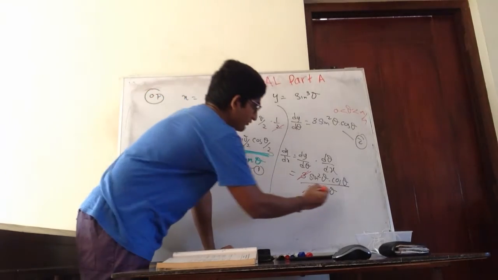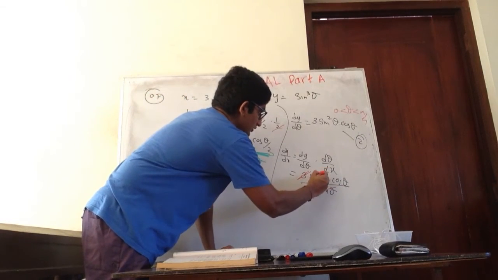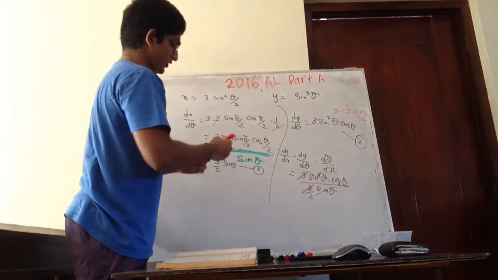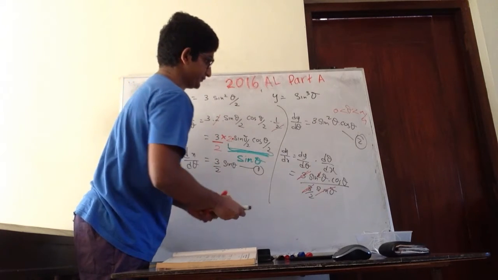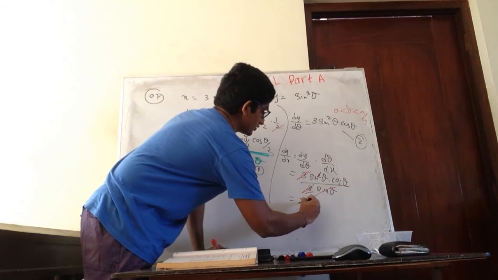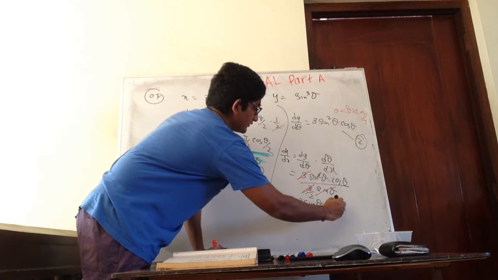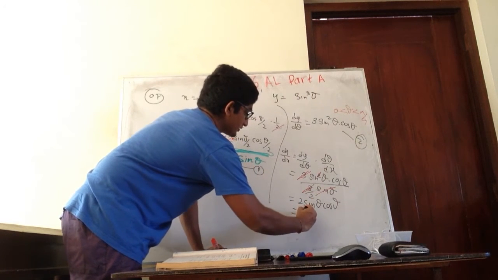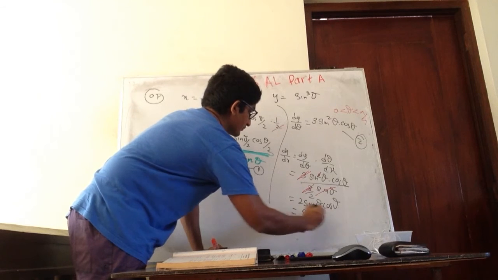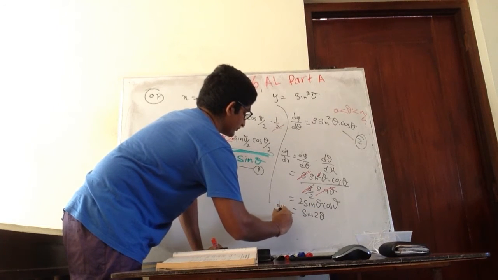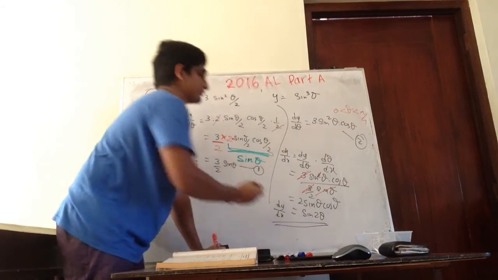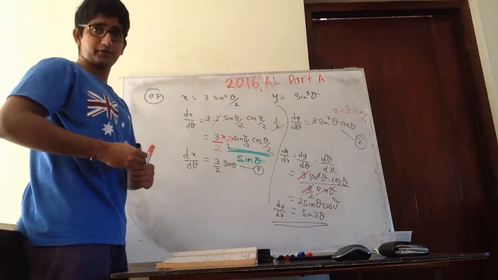Then I can cut one of these off. Then I get what? The 2 will come up, sine theta cos theta. Then I will get sine 2 theta.